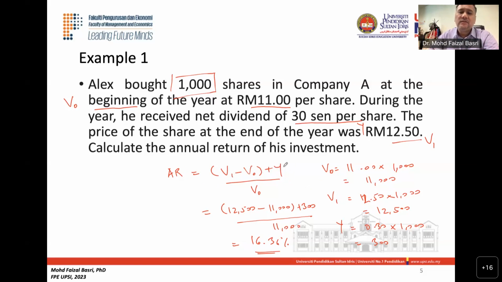So you can calculate your annual return simply by the current value minus the original value divided by the original value, and you will get the annual rate of return. So this is the basic idea of returns based on historical prices or historical return.